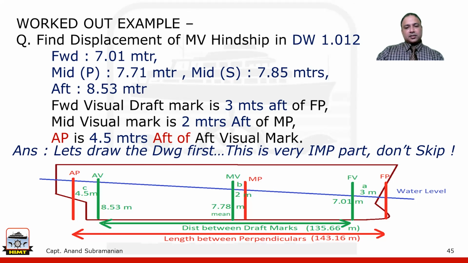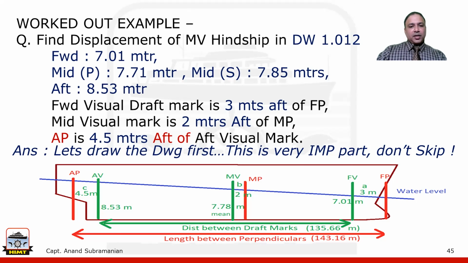The red line is a perpendicular and the green line is a visual mark. The aft perpendicular is 4.5 meters aft of the visual mark. Now 3 meters is A, 2 meters is B, and C is the 4.5 meters. Once we have this, we know the distance between the aft perpendicular and the forward perpendicular as the LBP of MV Hinship.